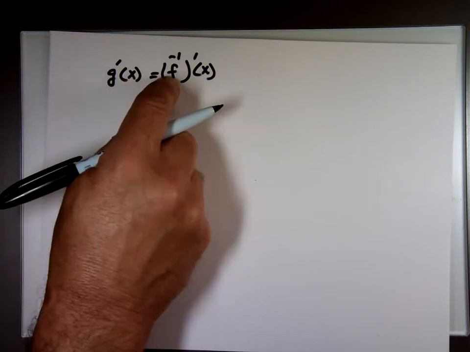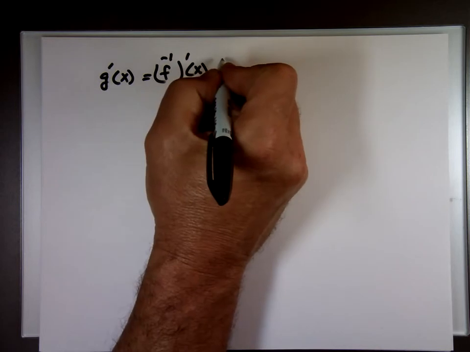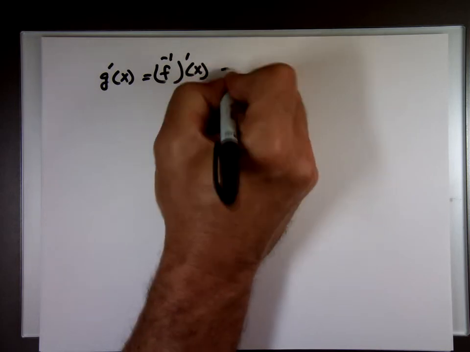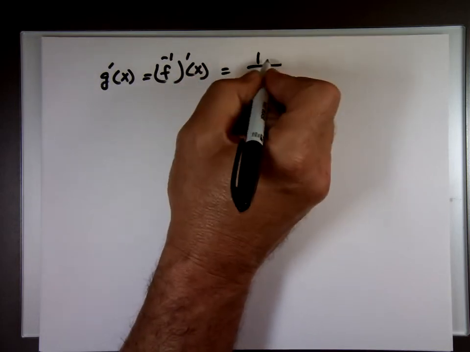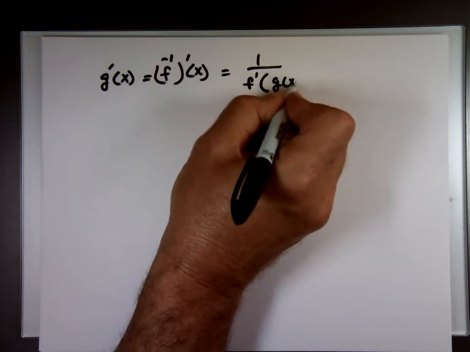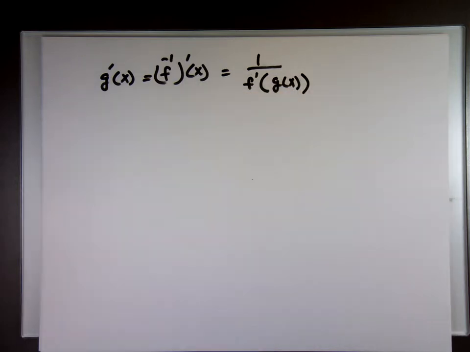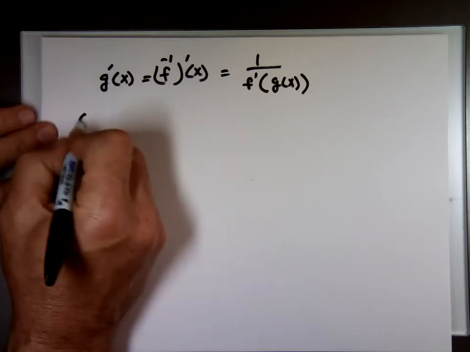G is f to the minus 1, or the inverse of f. You can find that by taking 1 over the derivative of f at g of x. Let's see how that works. This is option 2 now, using this method.